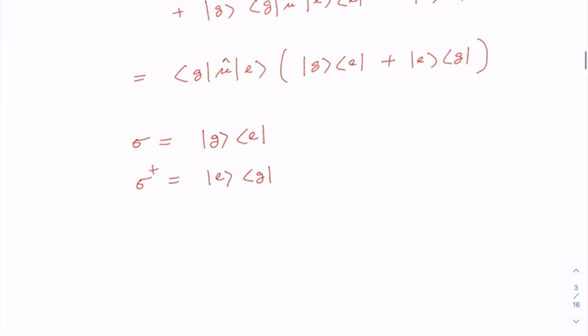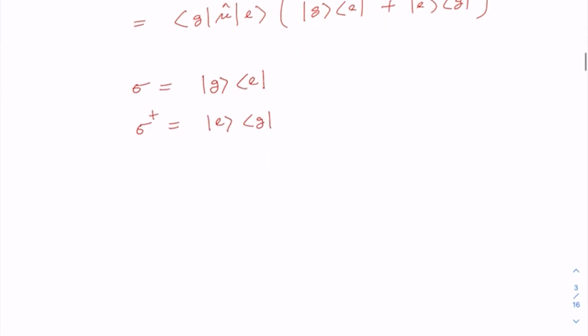In terms of these operators, we can write the dipole moment operator mu as follows. We can write ⟨g|mu|e⟩ times sigma plus sigma dagger. Let me write it, sigma and sigma plus.